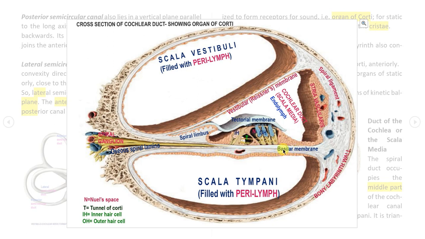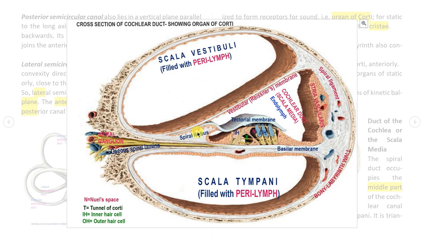The basilar membrane here is attached to a bony portion, the osseous spiral lamina. From this osseous spiral lamina, two membranes are attached. The horizontal one is the basilar membrane and this oblique one is the vestibular membrane. This extension of the osseous spiral lamina here is called the spiral limbus.